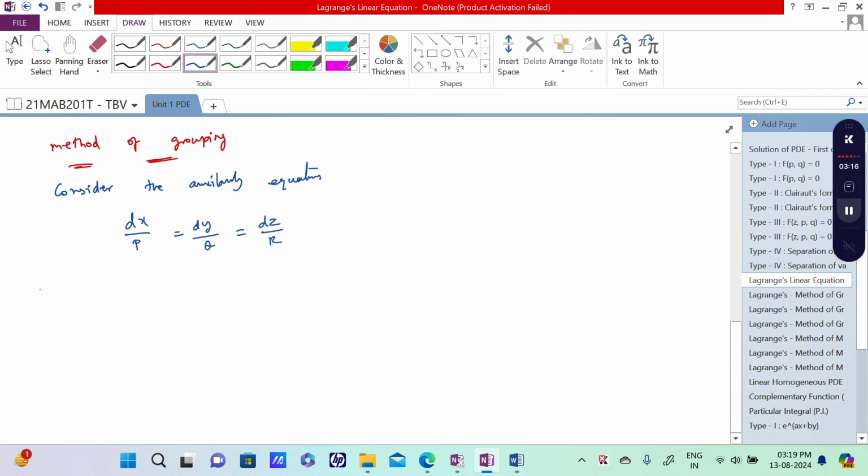Take any two terms: the first two terms, or the second and third terms, or the first and third terms. So consider any two terms. Now we consider the first two terms.